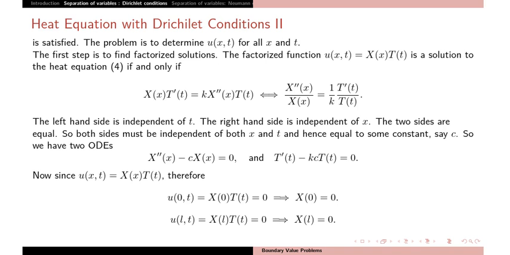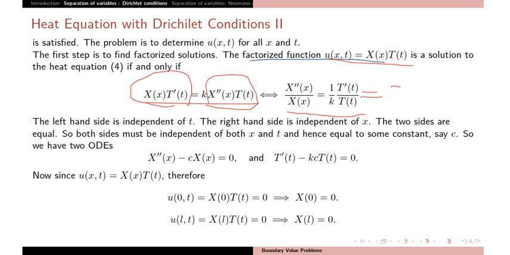So we again assume a factorized solution, u = X(x)T(t), and fit it in the equation. So u_t = k u_xx, separate both sides, and both sides are equal, so you can write them equal to some constant, lambda, or here I will write c. The left hand side depends only on t and the right hand side only on x, and both are equal.